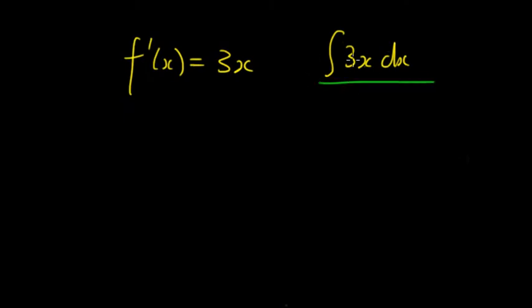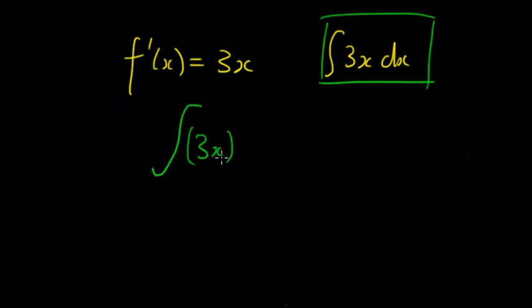So what about if we have the function f dash x, the derivative, is equal to 3x? Then that means if we find the integral of 3x dx, this is the notation of anti-diff here. The function you want to anti-diff goes inside, or integrate.